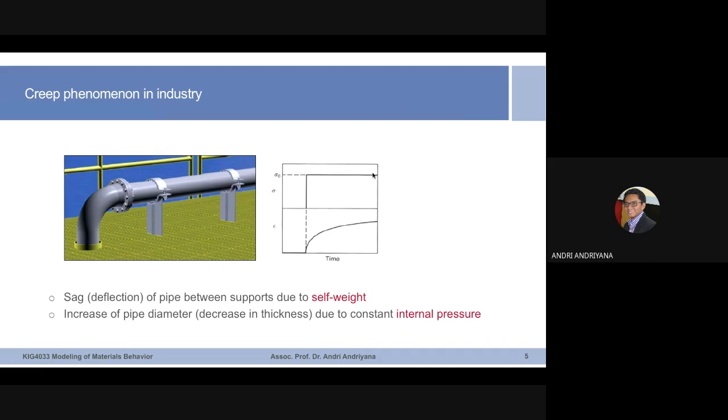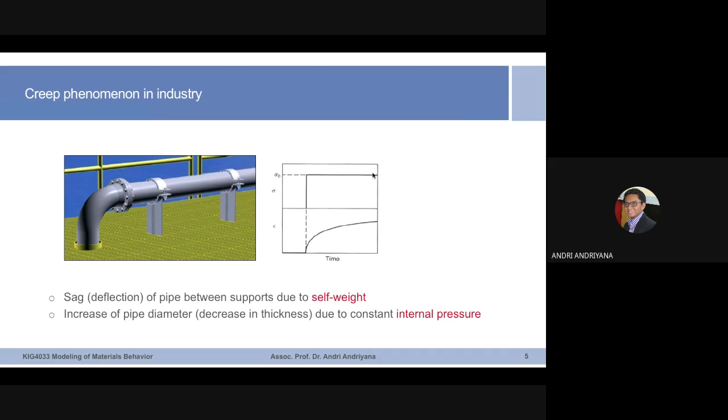These stresses will generate deformation, strain, in the pipe. If the pipe is made of purely elastic materials, then the resulting deformation, for instance the decrease in thickness of the pipe, will remain constant over time because the pressure and the stress are constant.